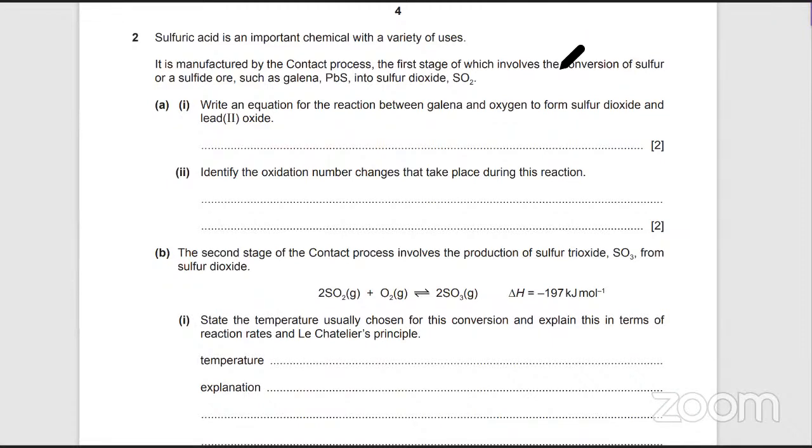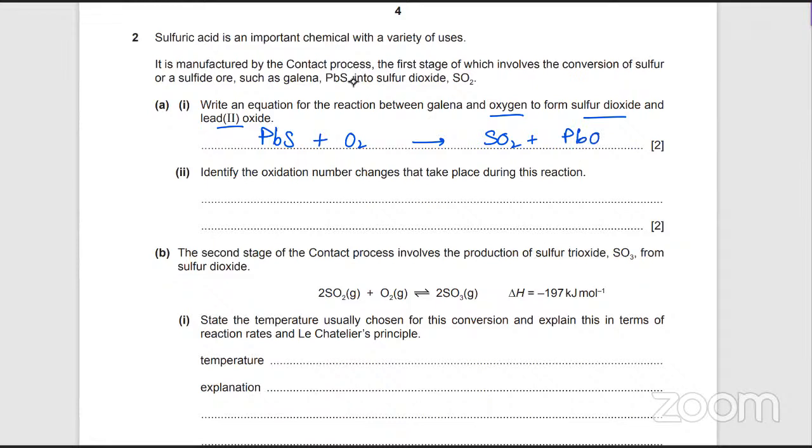The first stage of which involves the conversion of sulfur or a sulfide ore, such as galena, that's PbS. और वो कह रहा है oxygen के साथ reaction है. To form what? Sulfur dioxide, that's SO2. And lead 2 oxide, lead 2 means Pb is plus 2, oxygen is already minus 2, so that's PbO.